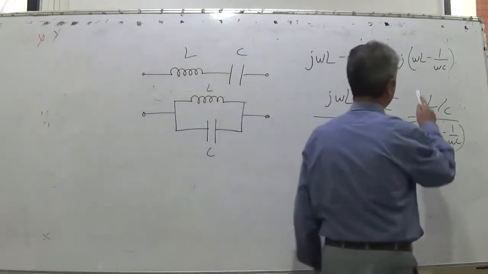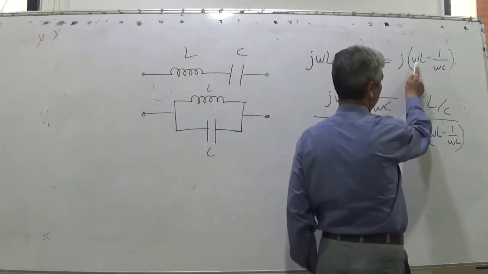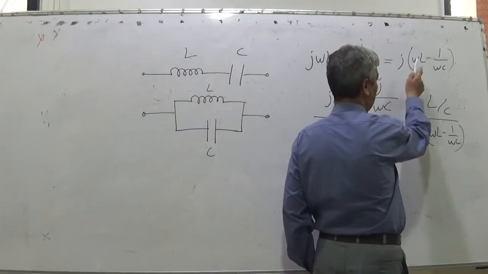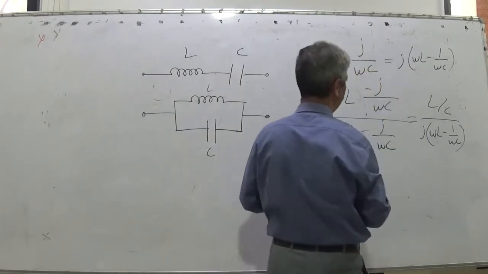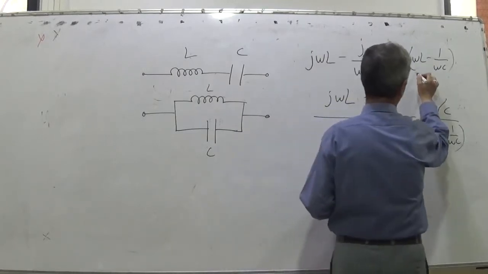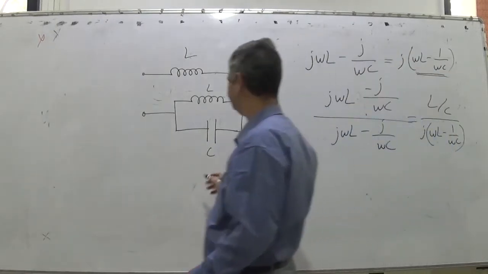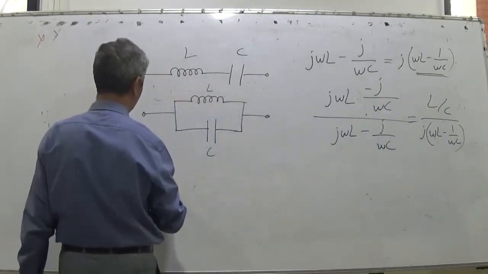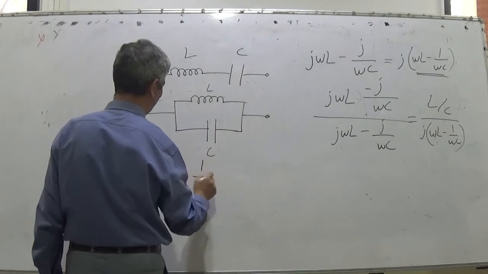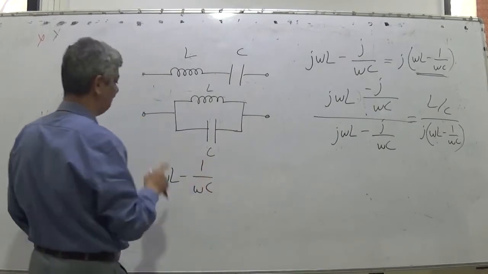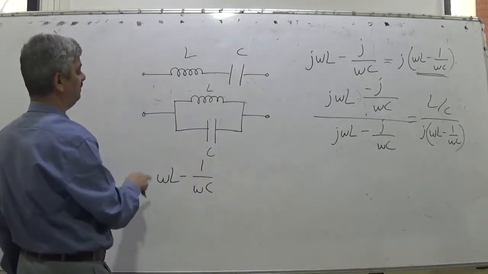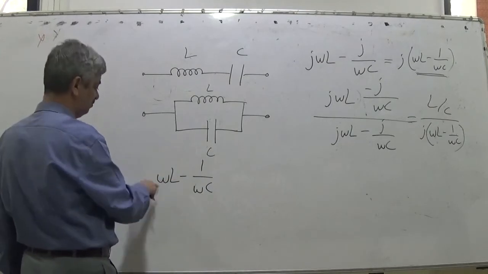For the series circuit, this bracket omega L minus 1 upon omega C is very important. So there will be a frequency for which this becomes 0, meaning for these to become equal.